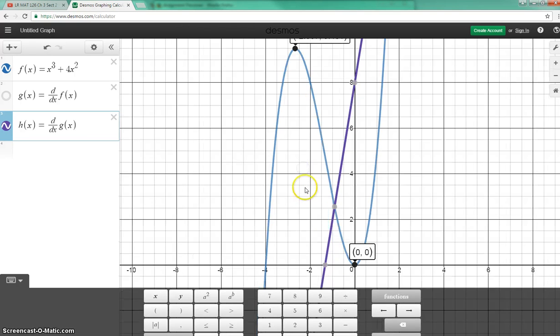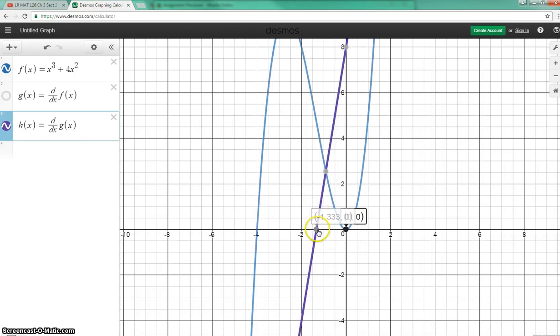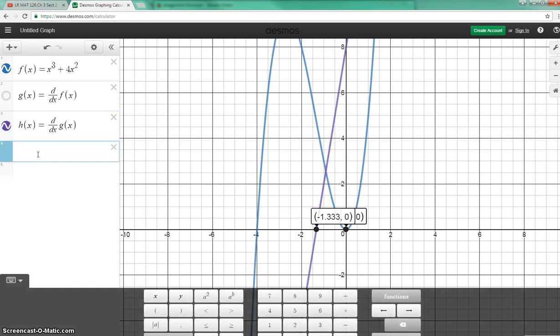So when this thing equals 0 is negative 1 1/3. So I could put f of negative 4/3. So negative 4/3 comma f of negative 4/3.